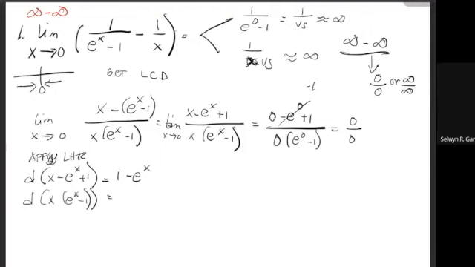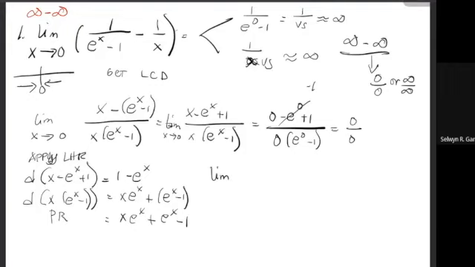The derivative of this, we use the product rule. As is, the derivative of e to the x minus 1 is e to the x. Plus, the derivative of x is 1 times, as is, the grouping e to the x minus 1. So if we simplify this, and so, after applying L'Hopital's rule, we verify once again if we have gotten out of the indeterminate form.